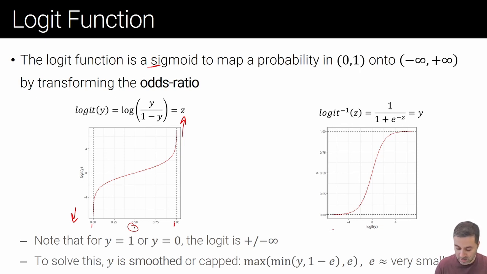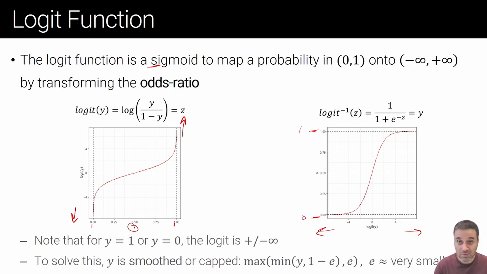It takes something that goes between negative infinity and positive infinity, and it bounds it between 0 and 1. So this is really what's happening. Instead of fitting a linear model on the response, which is bounded, we transform the response into something between negative infinity and positive infinity, and on that transformed response, we fit a linear model.